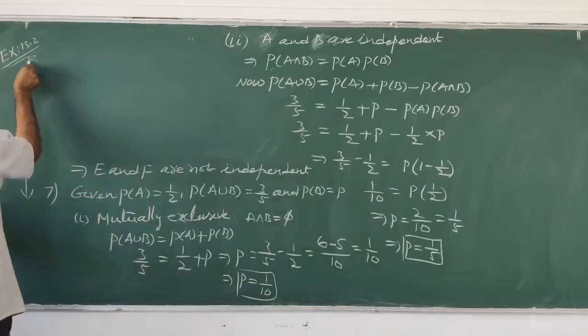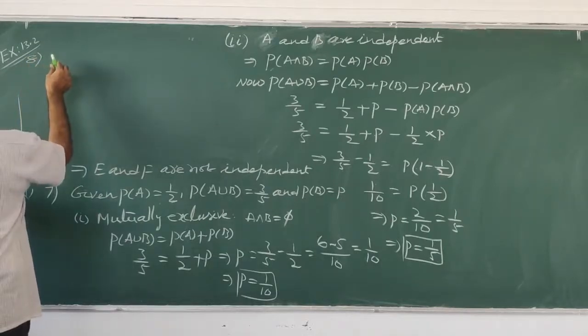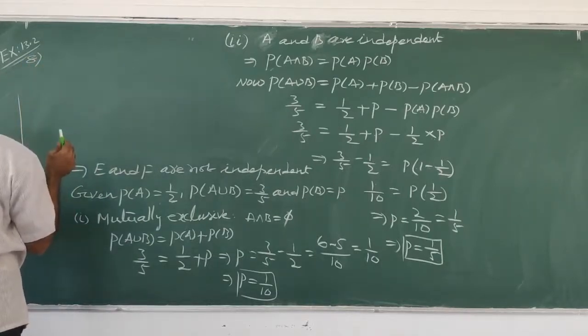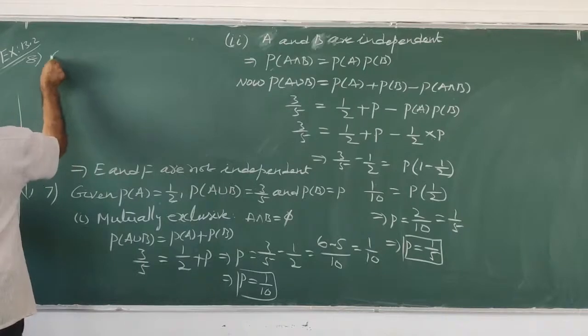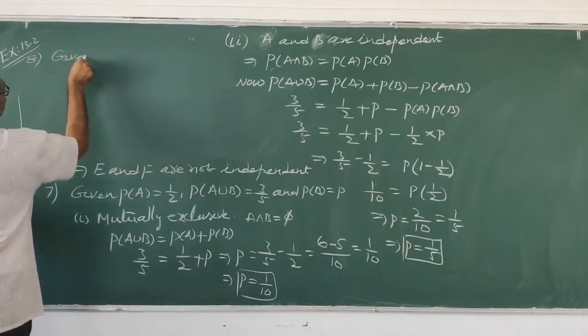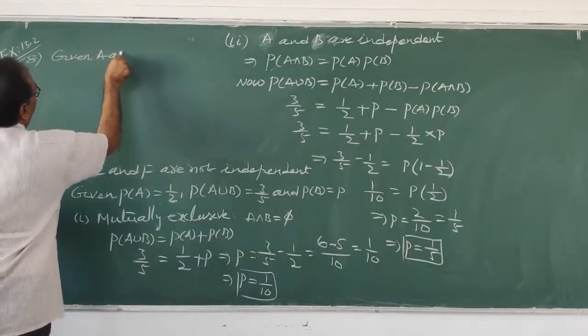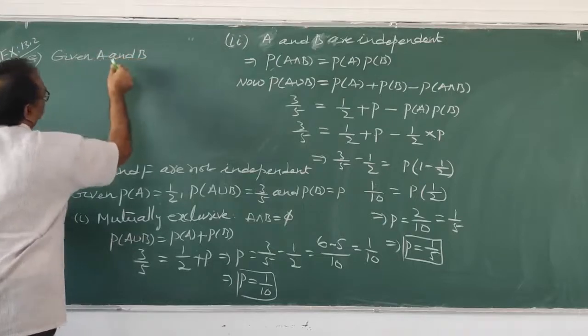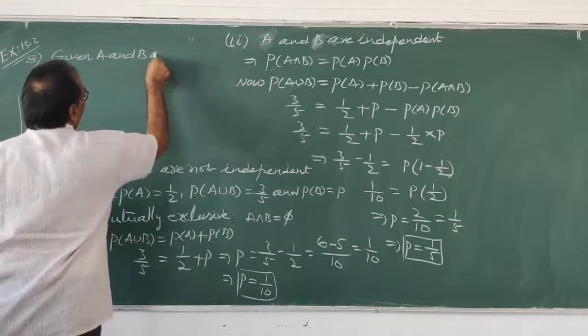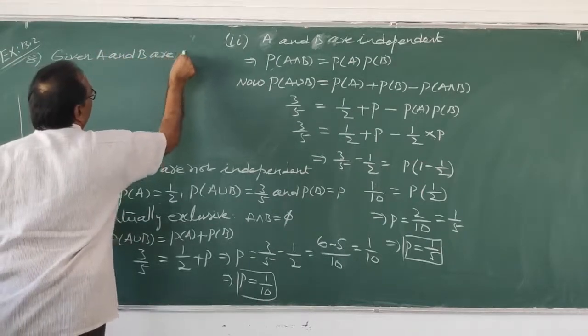Problem number 8 now. So what is given? Let A and B be independent events. You write first. Let A and B be independent events.